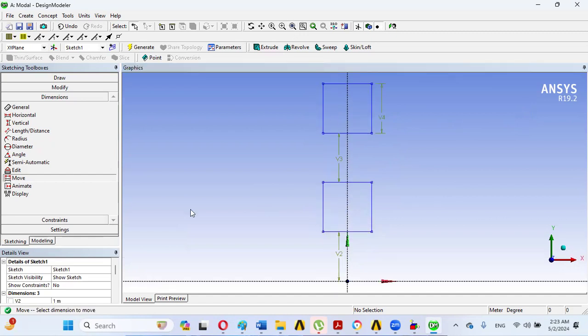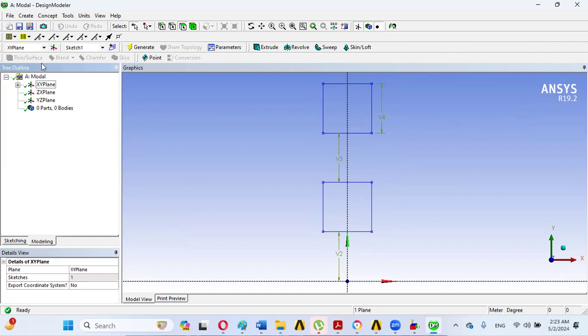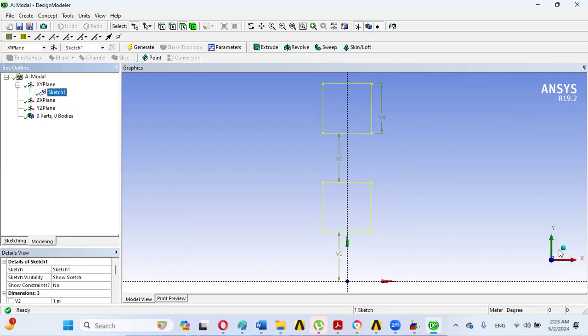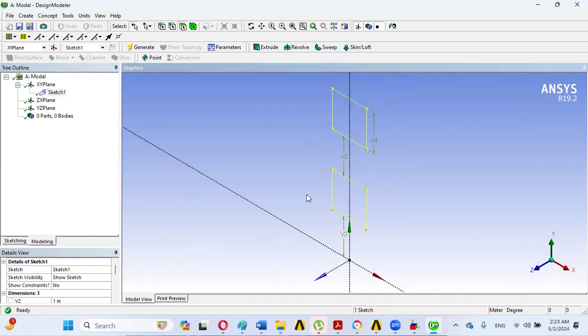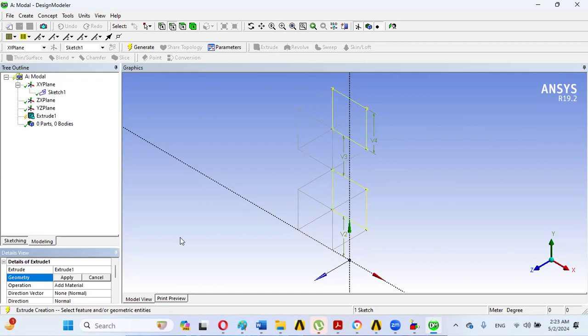In this way, the sketches for the masses have been made. After that we will select this sketch and put it in 3D mode, and then extrude these two squares and click on apply.